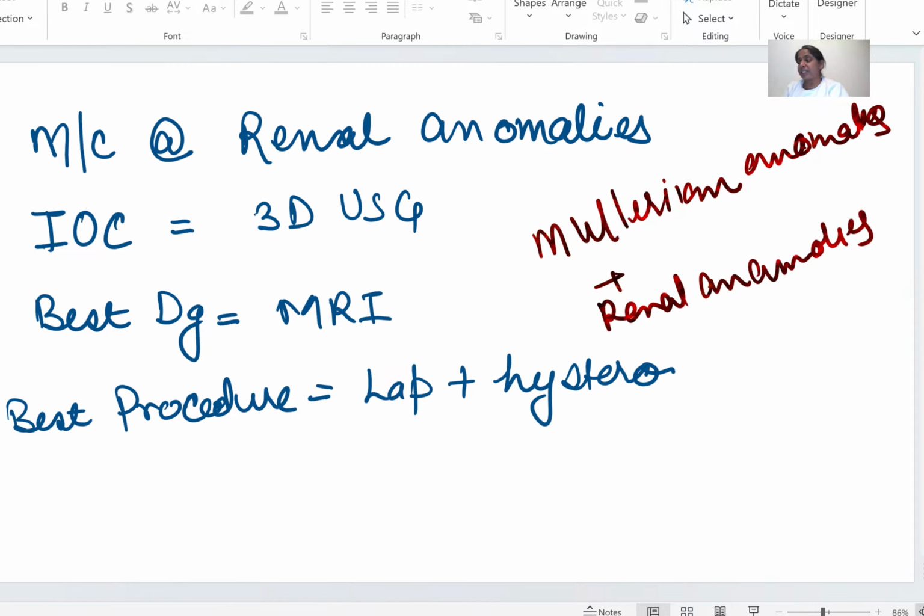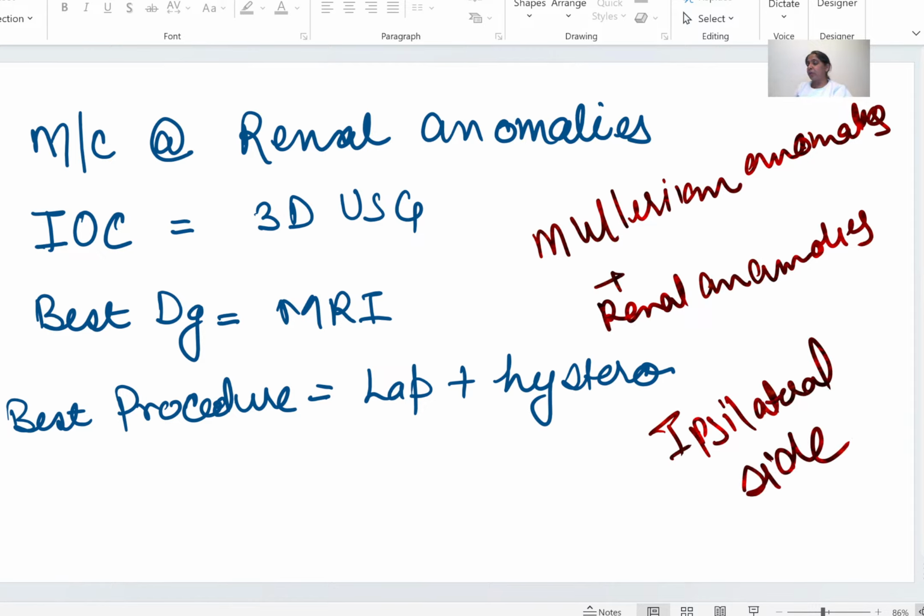If a patient comes to you with a Mullerian anomaly, you must rule out renal anomalies, and they will be on the ipsilateral side, only on one side, because the same side Mullerian duct and the same side renal ductule system give rise to the problem.